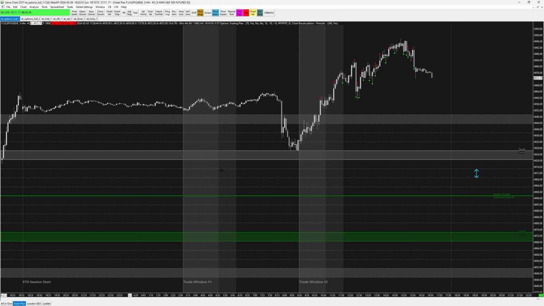The study itself is based on these levels, and I explained where these levels come from, and this one is the sentiment bias from the dealers.